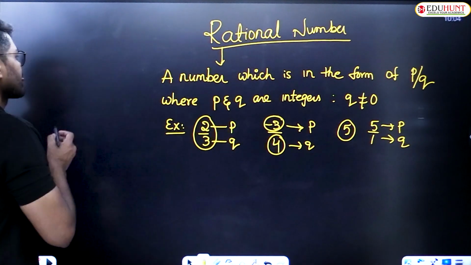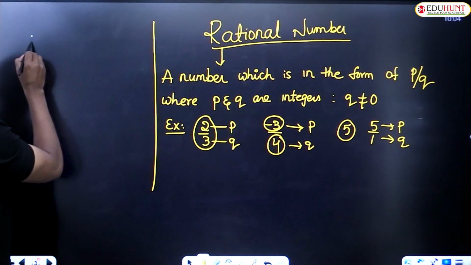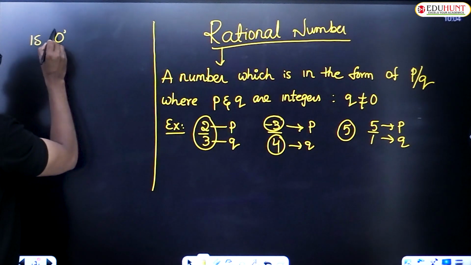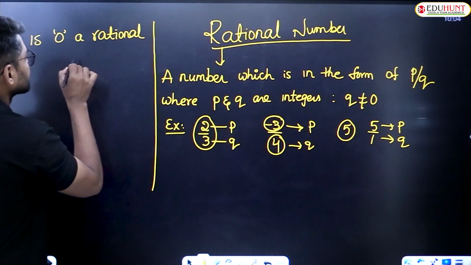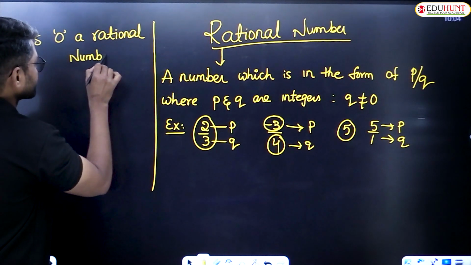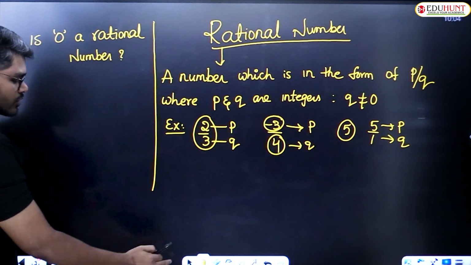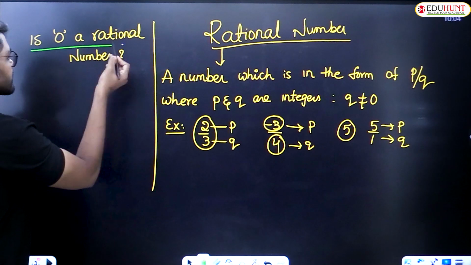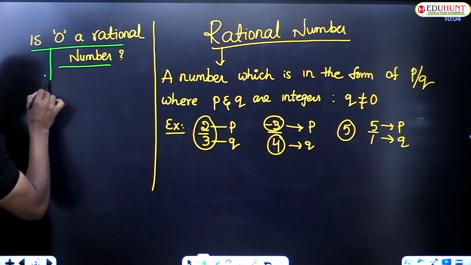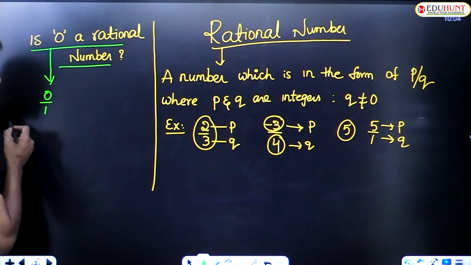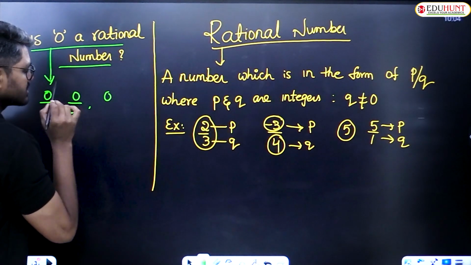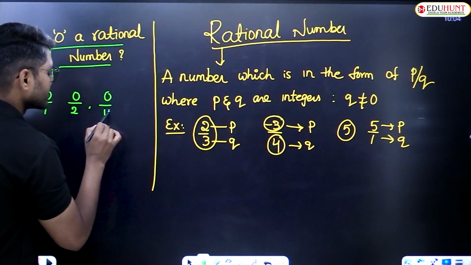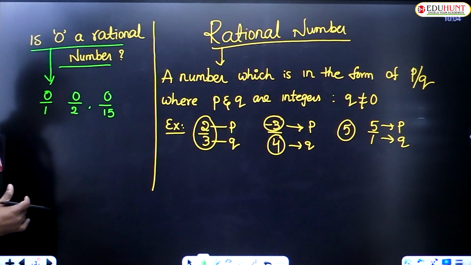My question is, is 0 a rational number? Let's see. This 0 can be written as 0 by 1, otherwise 0 by 2, otherwise 0 by 15, and so on like that.